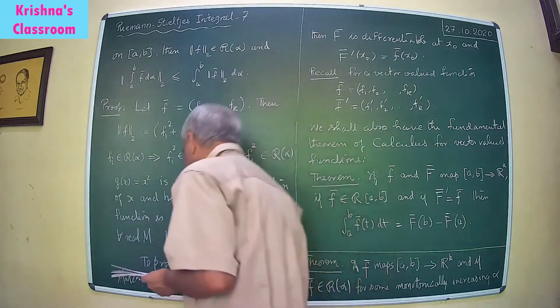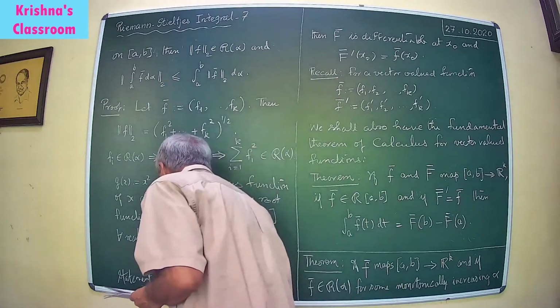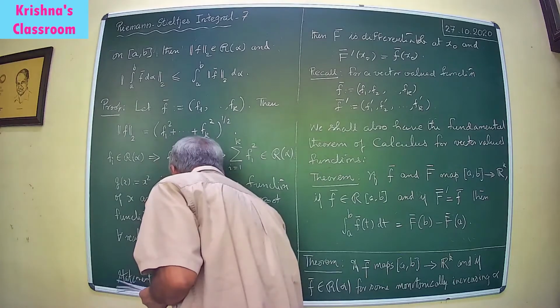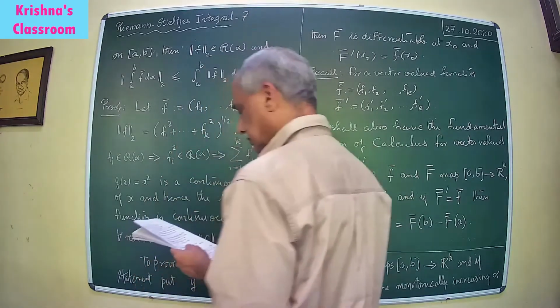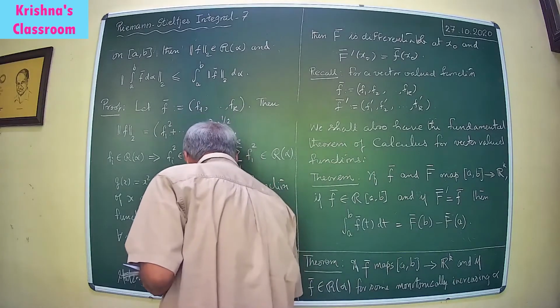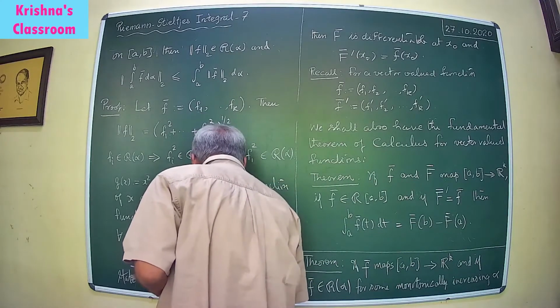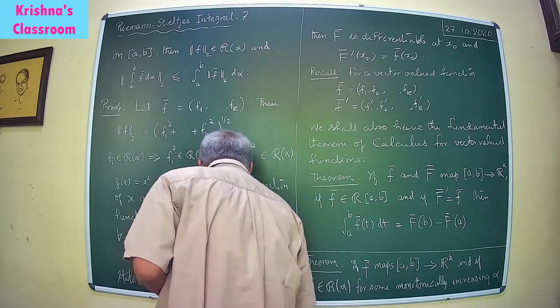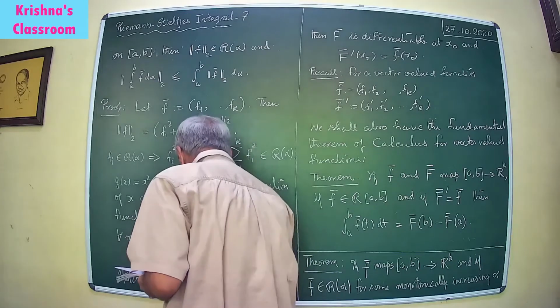So put y bar as the vector y1 to yk. It's a vector in R^k.